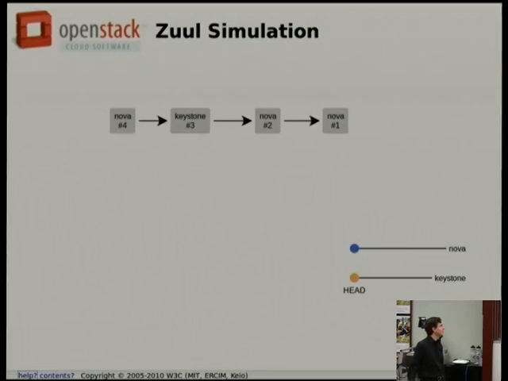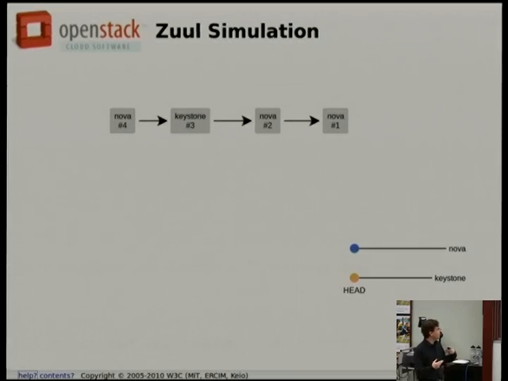Somebody says, I'm ready to merge change number 1 to Nova. And then somebody says, I'm ready to merge change number 2 to Nova. And then somebody approves the change to Keystone, and then finally another change to Nova, right? So you've got these 4 changes that have all been approved, and they all need to merge into these Git repositories. So what Zuul does is it queues them up in order as people submit them.